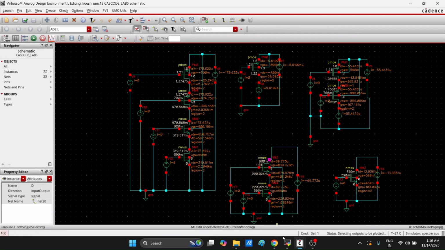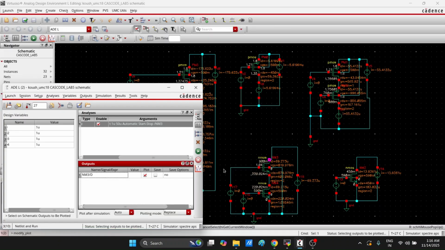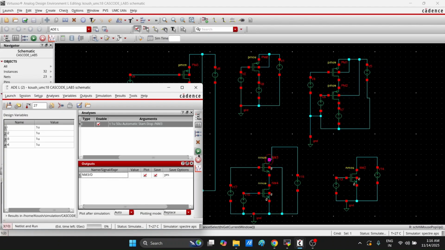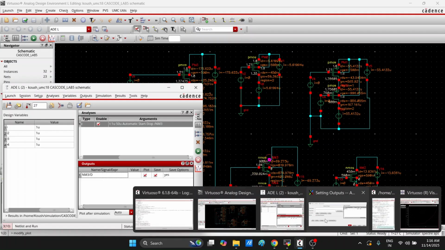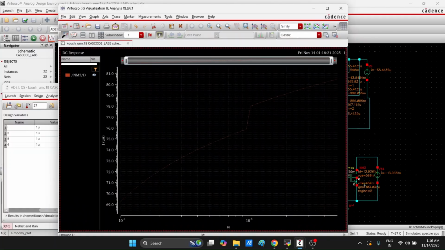So we will plot its drain current. Now we can see from the curve I am getting that although the current is below 100 micro, we will need at least 25 micro width to get the maximum current from this NMOS, and above 28 micro the change is very small.